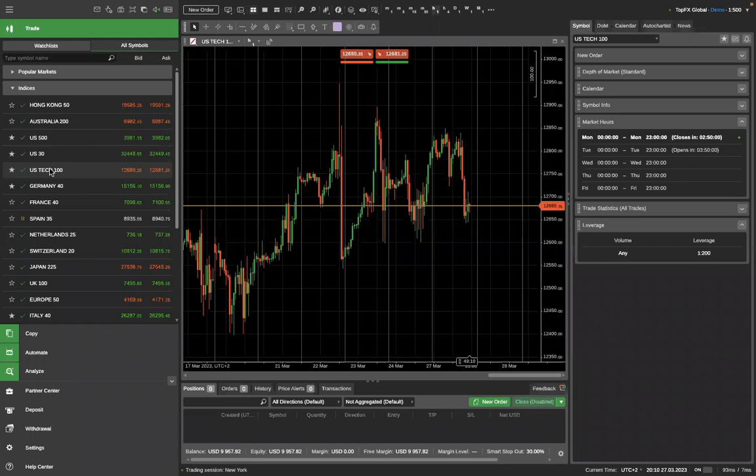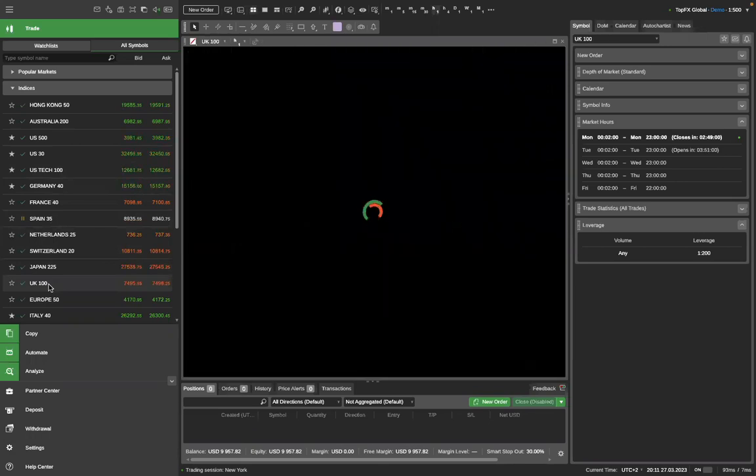What are the most traded indices during the European session? So the London session, for example. Of course, the UK index, UK 100. It's called FTSE, of course.